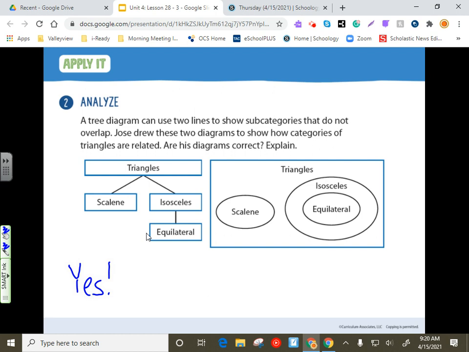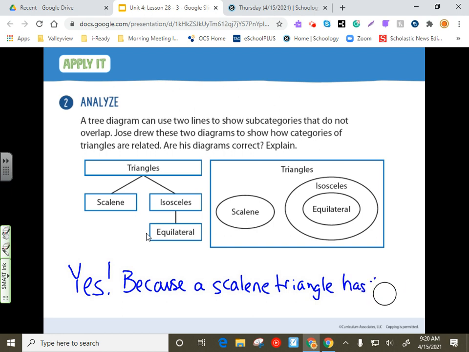And the reason is because a scalene triangle, if you don't remember, has three sides of different lengths.